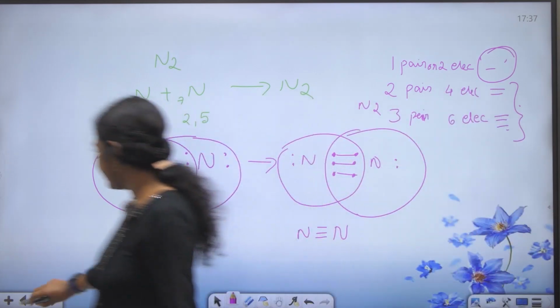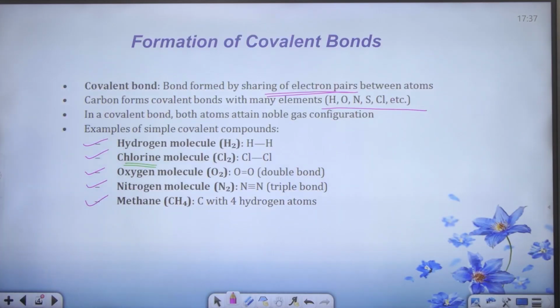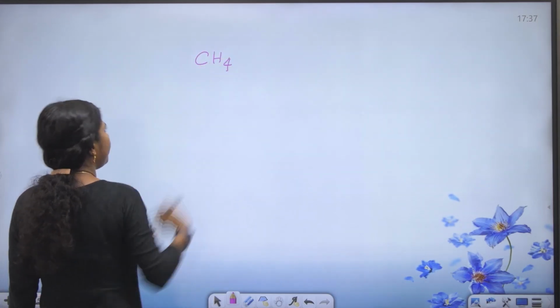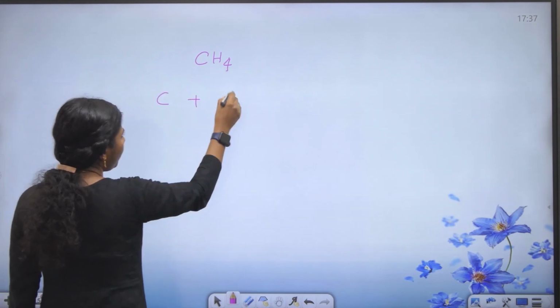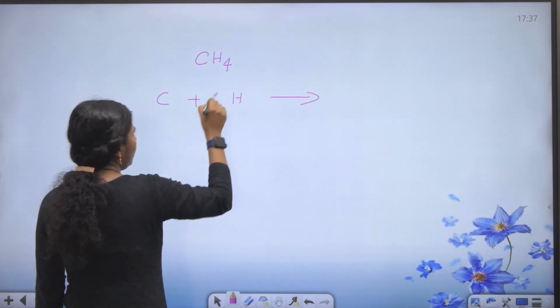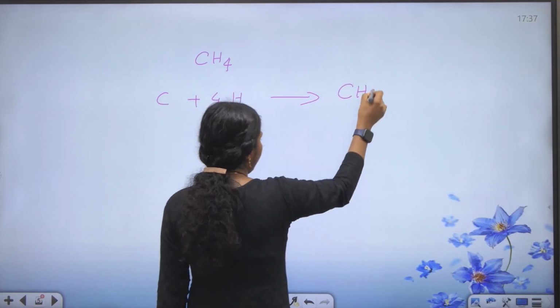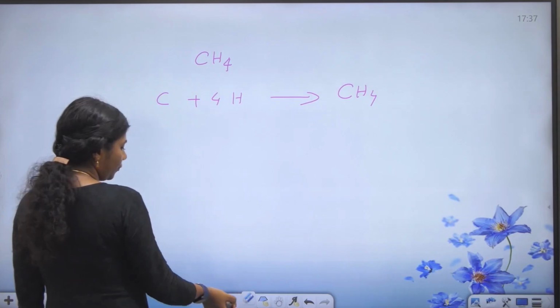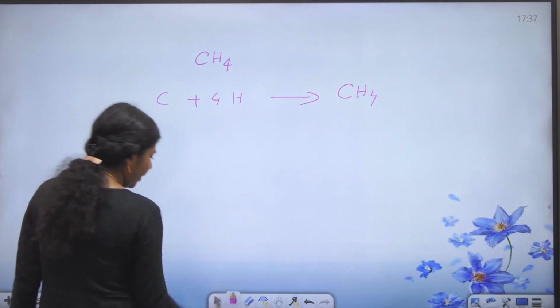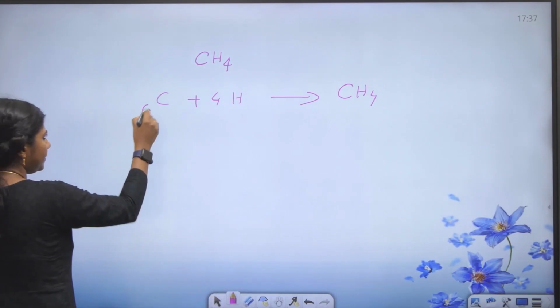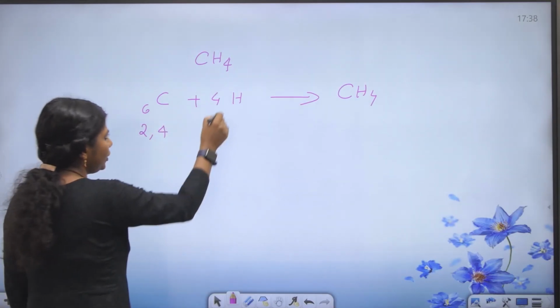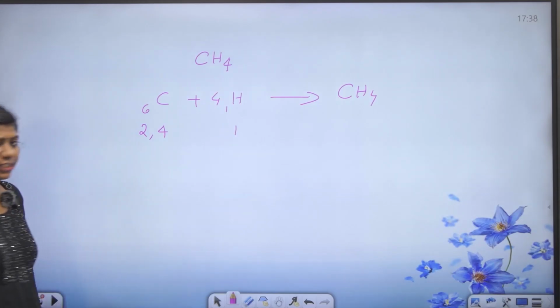Okay. Then the last example, the methane molecule. The molecular formula of methane is CH4. 1 carbon and 4 hydrogen atoms combine to form the CH4 molecule. We know that the atomic number of carbon is 6, and its electronic configuration is 2,4. The atomic number of hydrogen is 1, and its electronic configuration is 1.